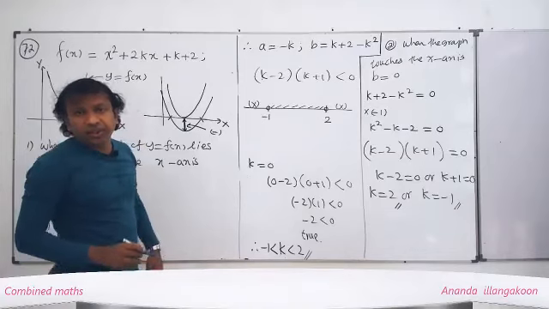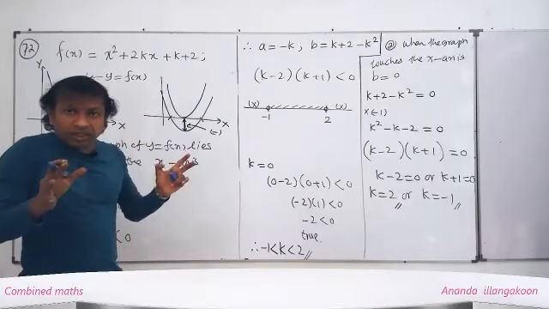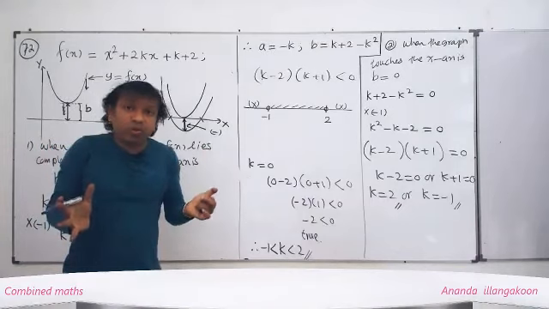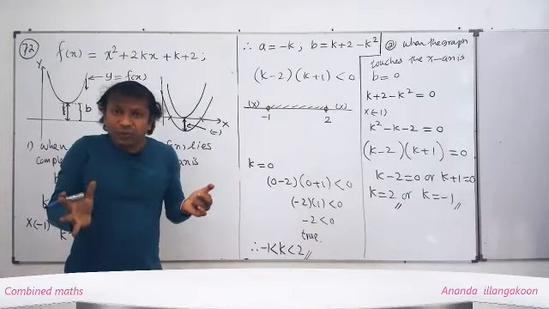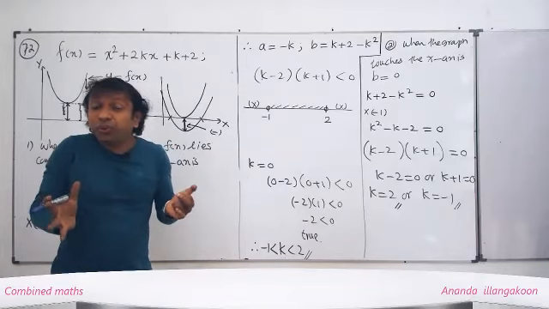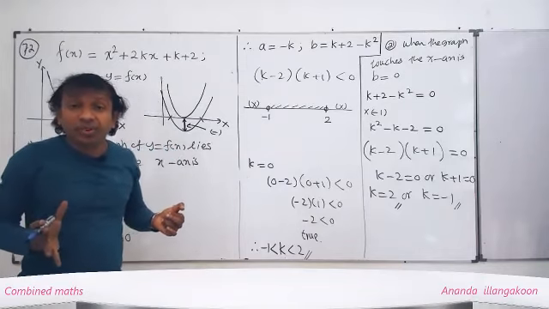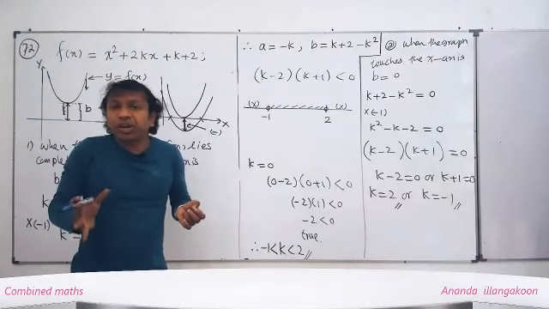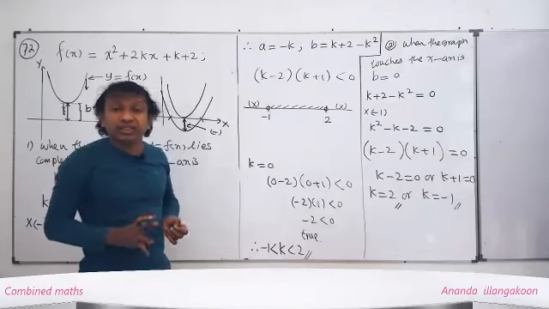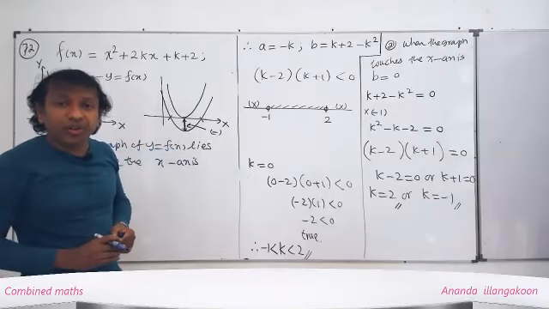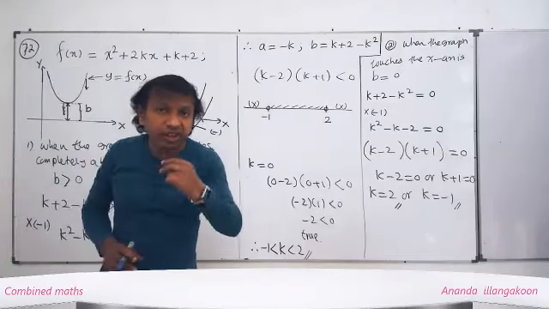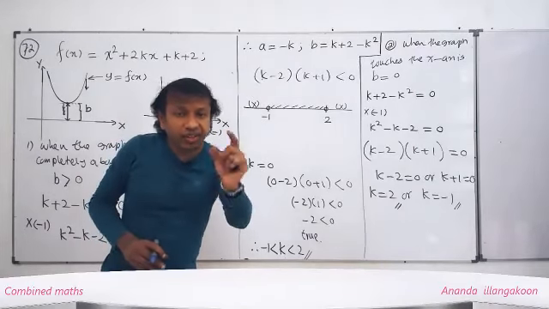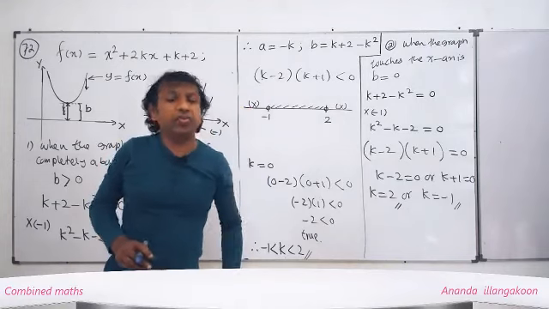See here, if you don't have a particular knowledge of this behavior of this graph, at the beginning we drew more graphs, people. Because of those drawings, now you have the behavior of the graph. If that picture is not available in your mind, you can't find an approach to get the answer. So you can now see, when the graph cuts the x-axis at 2 points, the vertex comes below the x-axis, and therefore b becomes negative.